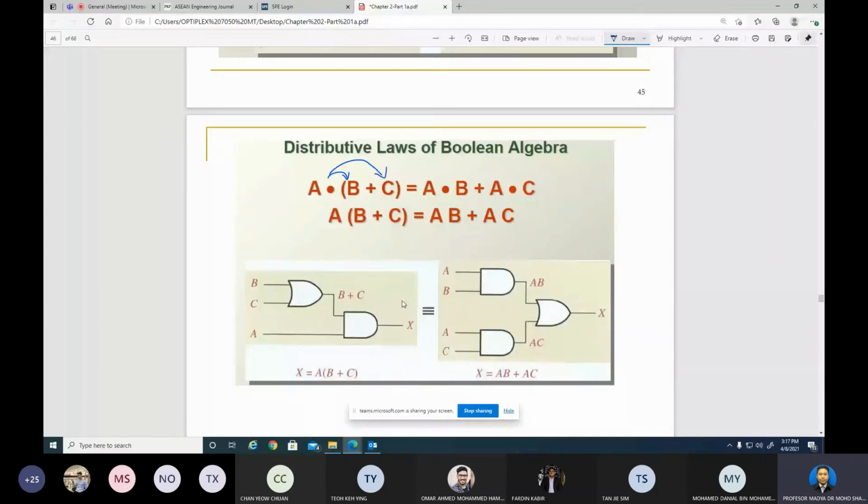A B plus A C. You can ignore the multiplication dots here, and it is also correct. This one we call the distributive law.